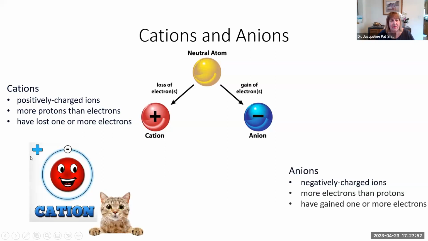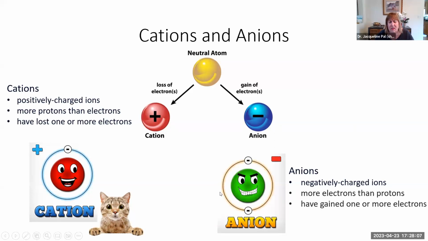So just think about it that way. And that's in contrast to an anion, which is a negatively charged ion, meaning it has more electrons than protons, and this is because it's usually picked up some electrons. So it's very negatively charged, okay? So yeah, an anion. You don't like anions because they're negatively charged.